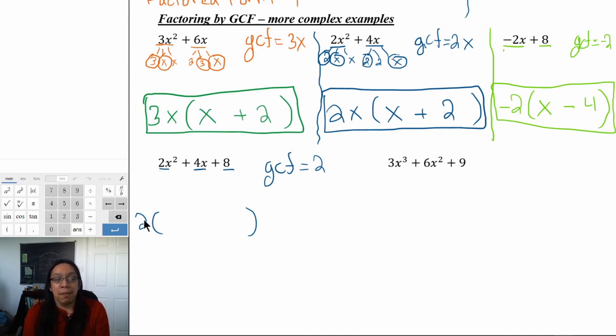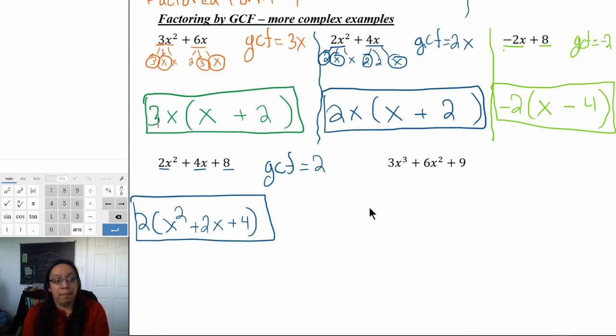So 2 divided by 2 is 1, so that's going to just be 1x squared, or just x squared. 4 divided by 2 is 2, and we bring down the x, so 2x. And 8 divided by 2 is 4, or just +4. And this right here, for the time being, is going to be our factored form.